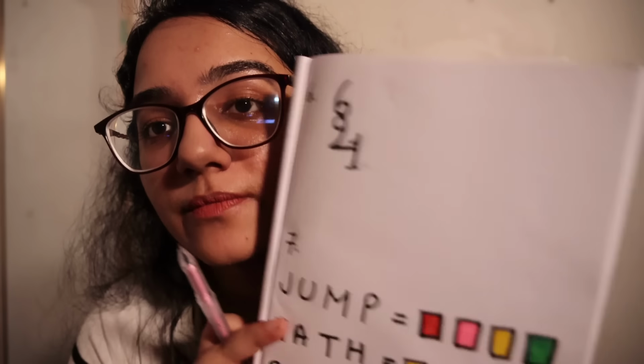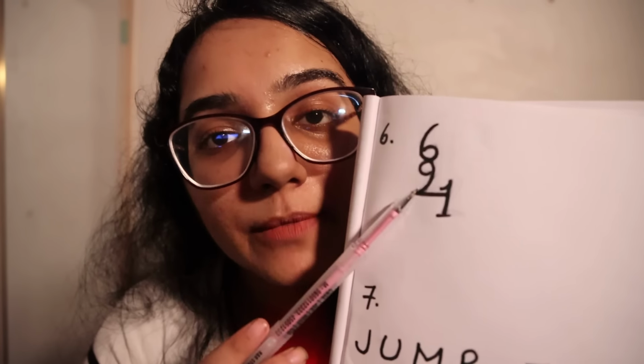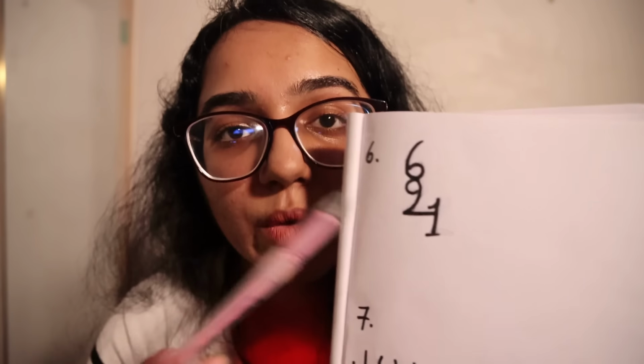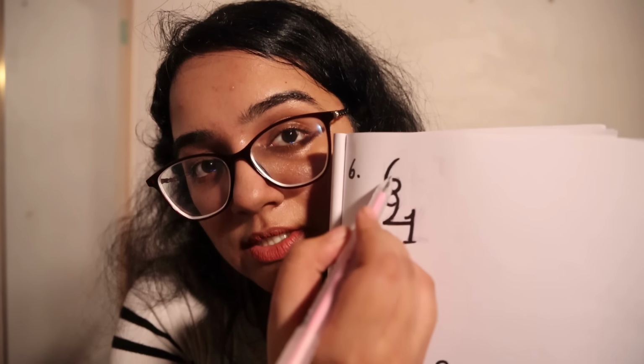Next question. You were supposed to find out all the hidden numbers in this picture or diagram, whatever. So there are 6 numbers in total. 6, 8, 9, 2, 4, and 1.